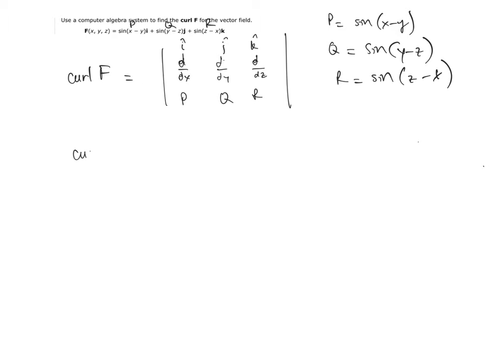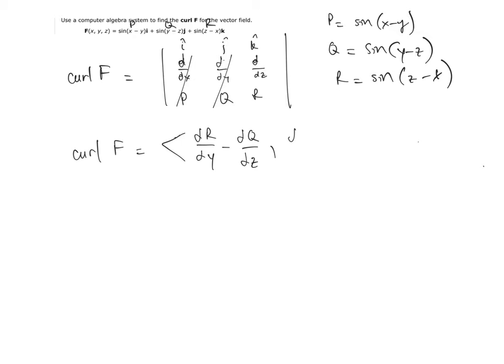So the curl of f will be, for the i component, partial R partial y minus partial Q partial z. And then I'm using the covering up method. So if you find the i component, you cover up the i. To find the j, I cover the j here.